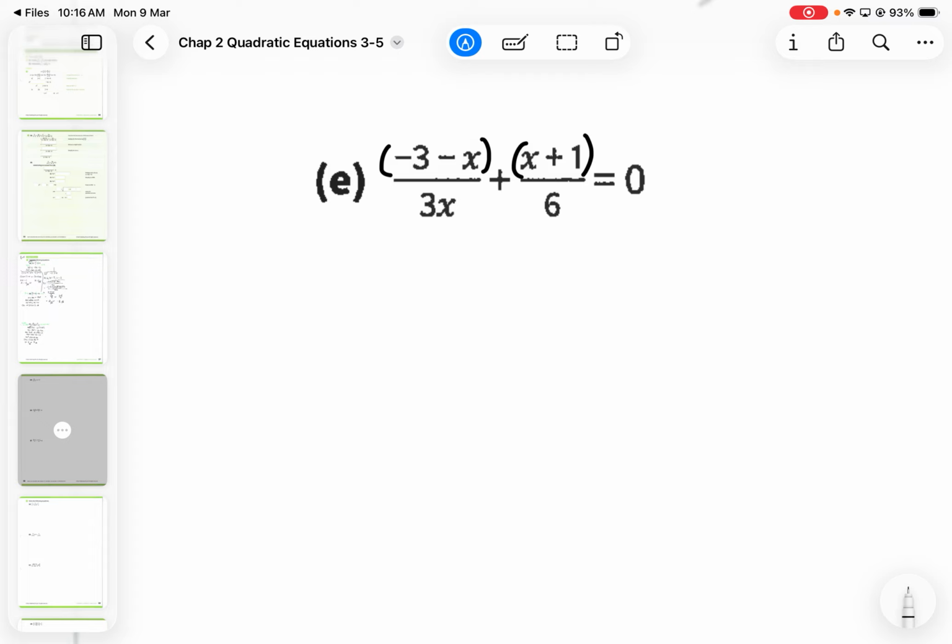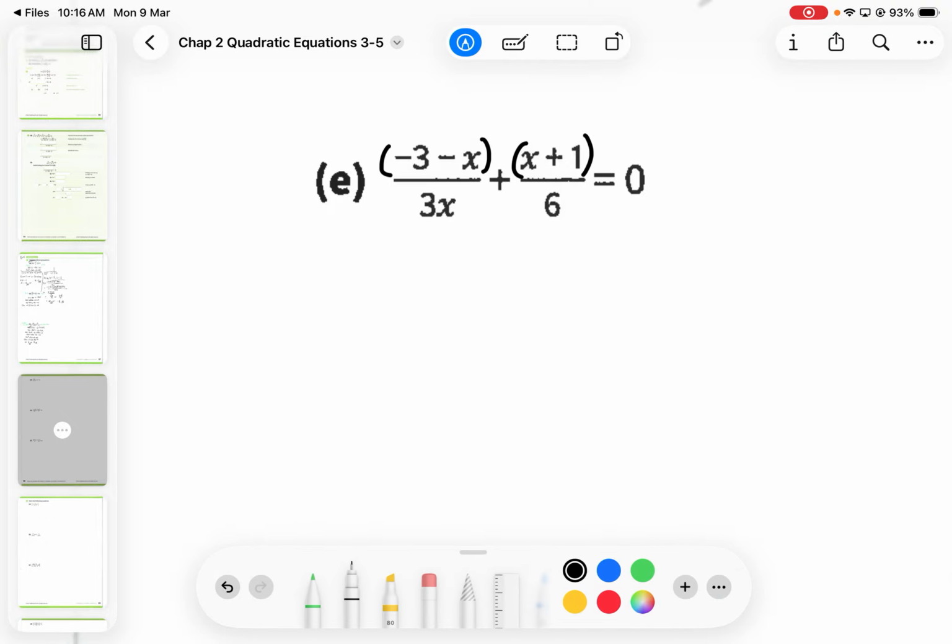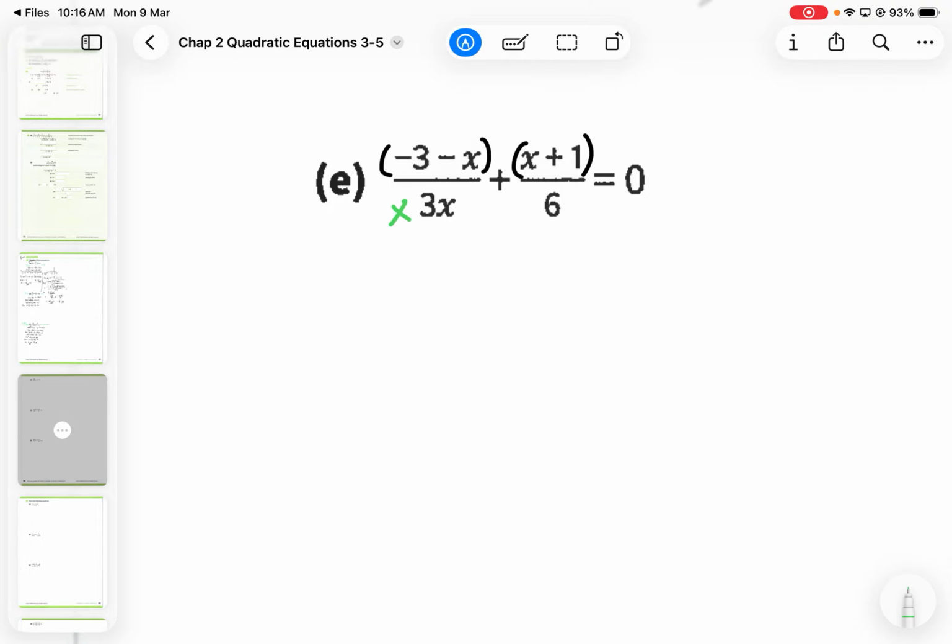Common denominator, 3x and 6. The lowest common denominator will be 6x. Because if I multiply by 2, 3x becomes 6x already. If I multiply by x, 6 becomes 6x already.